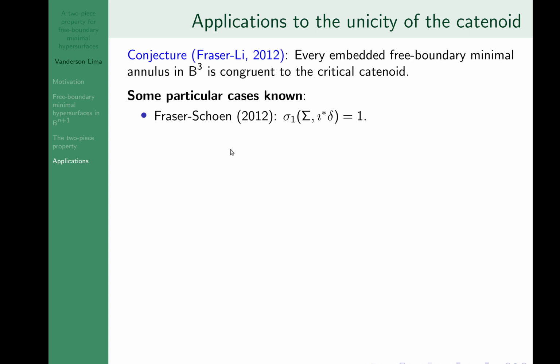For example, Fraser and Schoen proved it for the case that the first Steklov eigenvalue of the surface is 1. And McGrath proved it supposing that the surface is symmetric with respect to the coordinate planes.